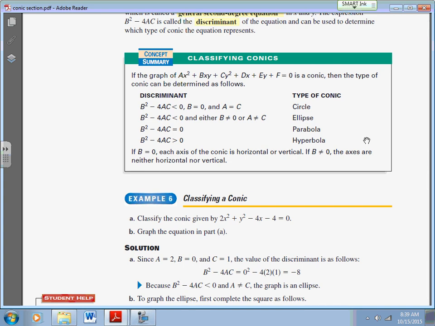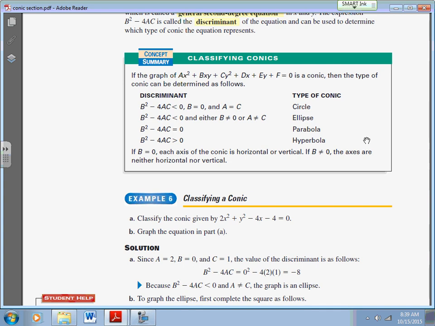Okay? If b squared minus 4ac is less than 0 and either b is not 0 or a is not equal to c, then we're looking at an ellipse. So this gets kind of tricky. You're going to have to go back to this rule.